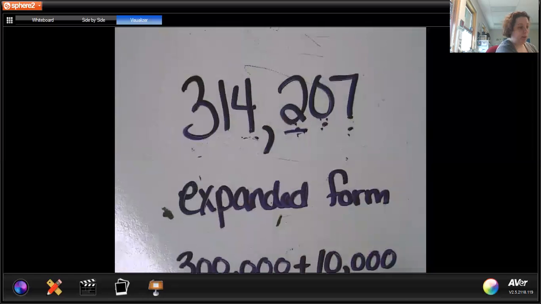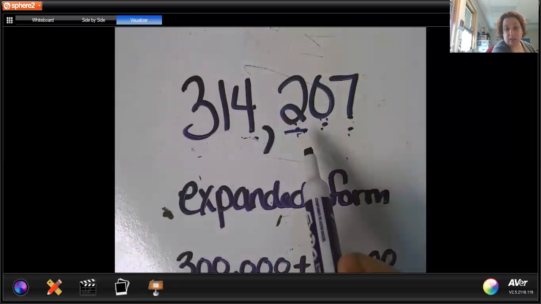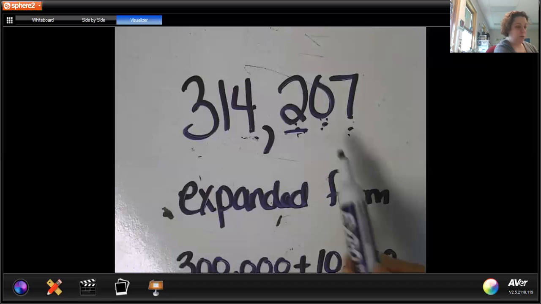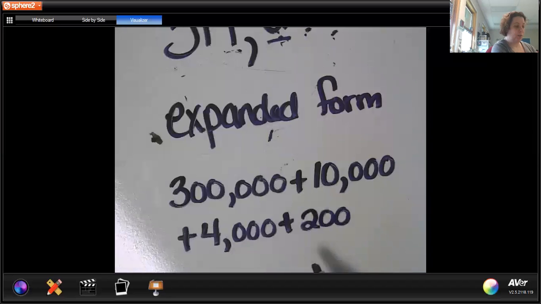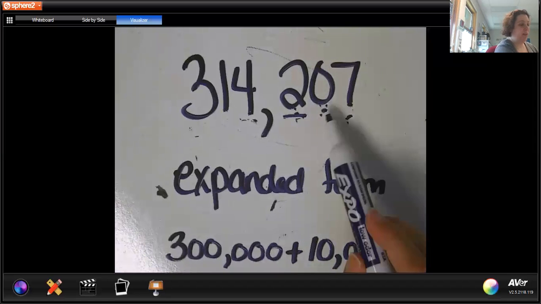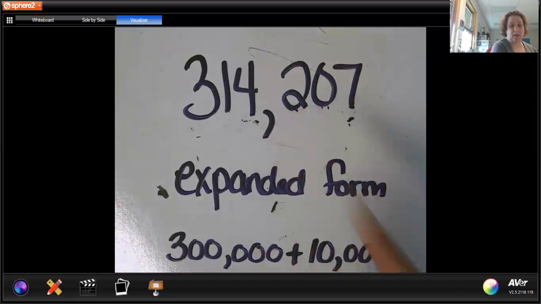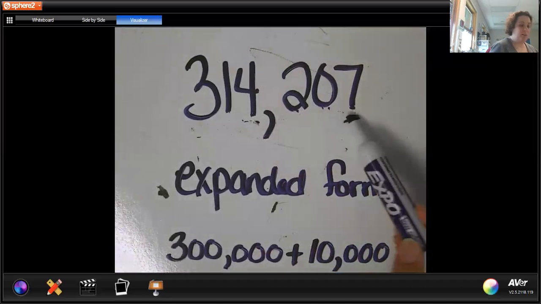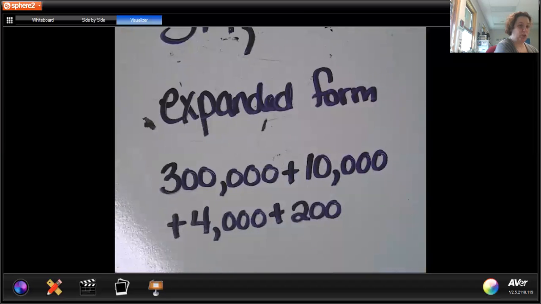So the 2 is in the ones, tens, it's in the hundreds place. So it's going to be 200, 2 numbers after it, 2 zeros after it. Now, because there is a 0 in the tens place, I get to skip that in expanded form. I don't have to write anything for that 0. So the last one is the 7, and it's in the ones place, which makes it just 7.